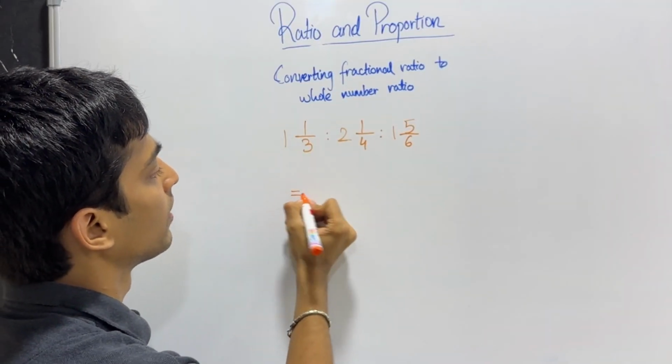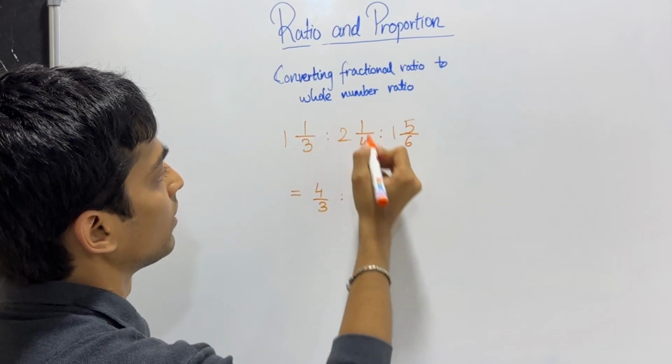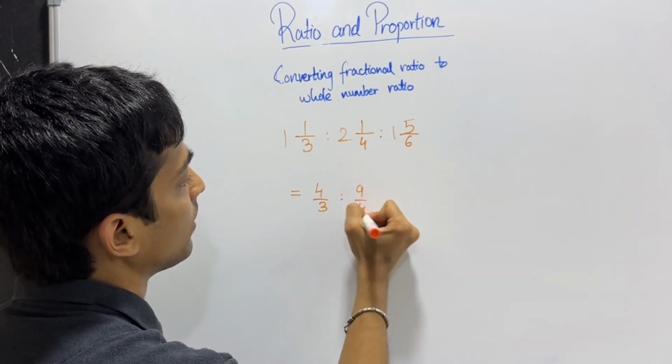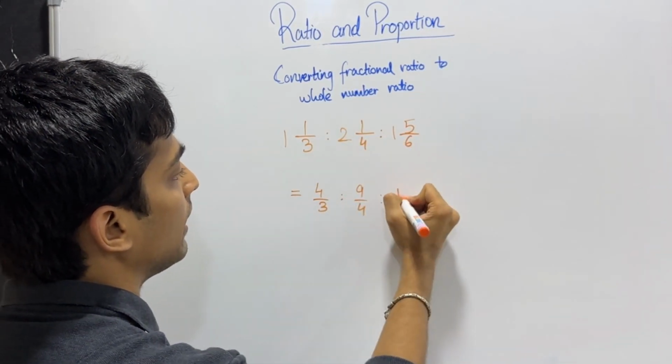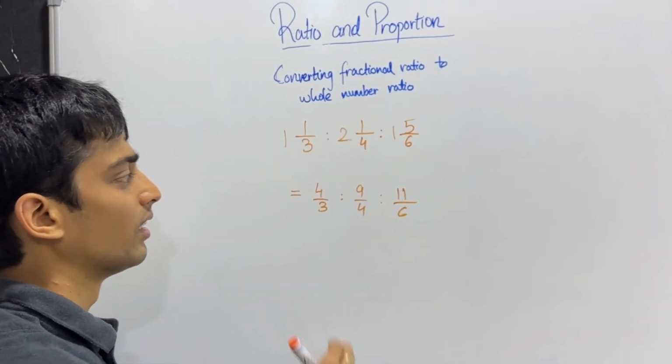So we get 3 1s are 3 plus 1, 4/3 ratio 9/4 ratio 11/6. Correct. Now what do we do? Now you cannot divide.